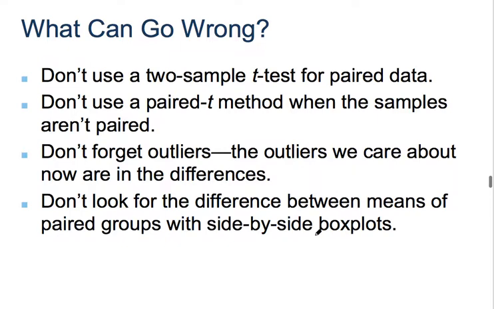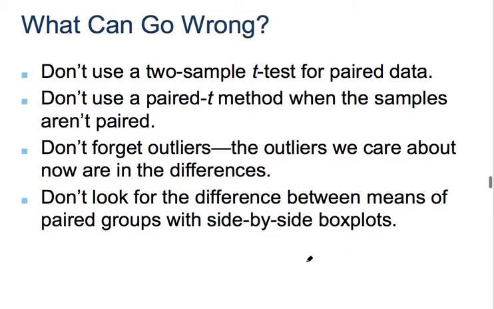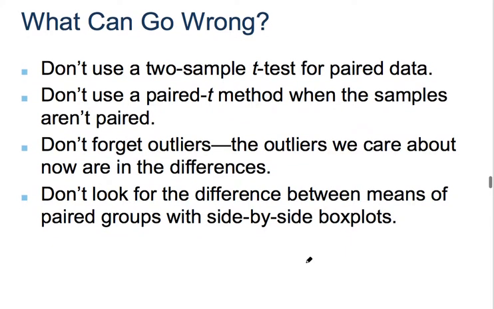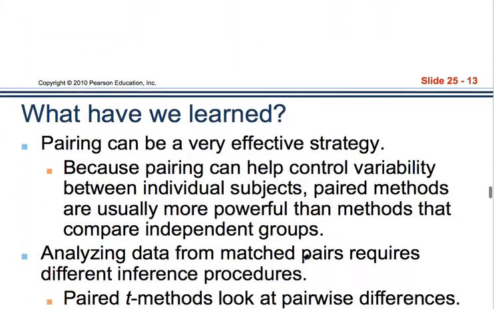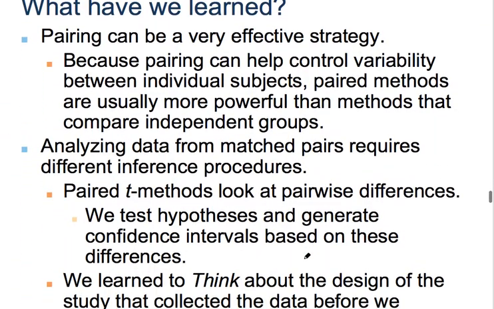So what can go wrong? Don't use a two-sample t-test for paired data, and don't use a paired t method when the samples aren't paired. Don't forget outliers, and don't look for differences between the means of the paired groups with side-by-side box plots. We need to compare them one to one. So pairing is a very effective strategy.